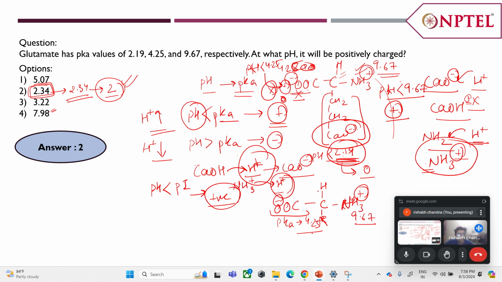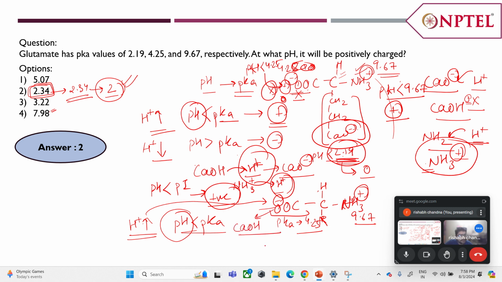Now what will happen if we consider the case where pH is less than the pK value? At low pH, the hydrogen ion concentration is really high in the solution. So the hydrogen ions will directly attack the carboxylate group and convert it into COOH.